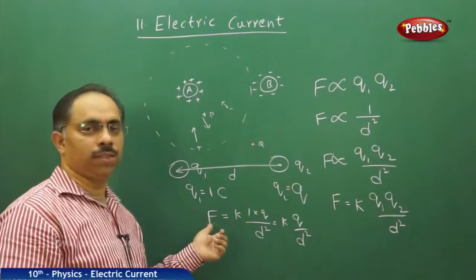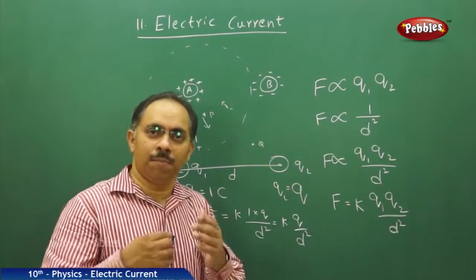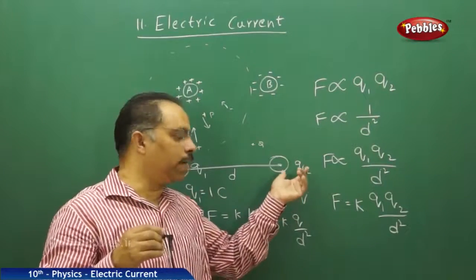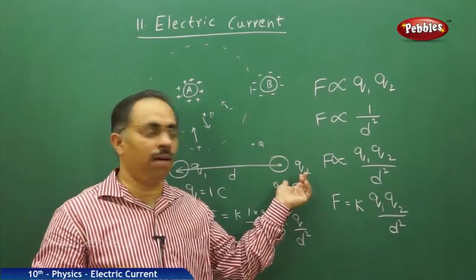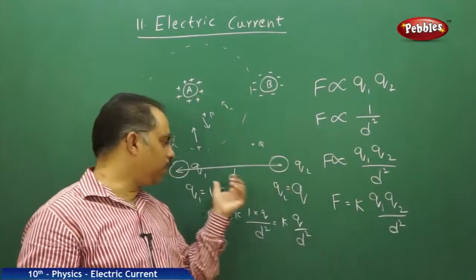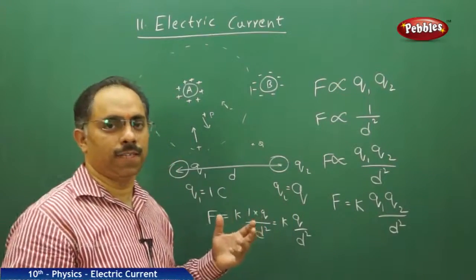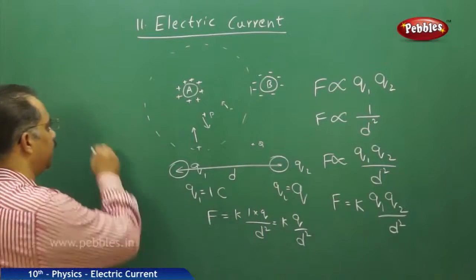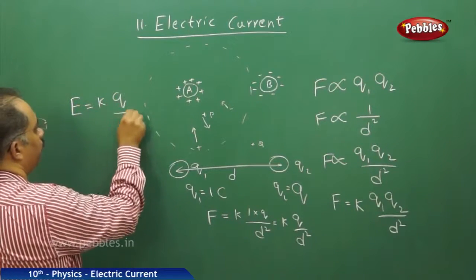So this force experienced by 1 coulomb of charge placed in the electric field of another charged body Q, we will call the electric field strength of this charge at this point, and it is denoted by the letter E, in uppercase. I can say E is equal to K into Q by d square.